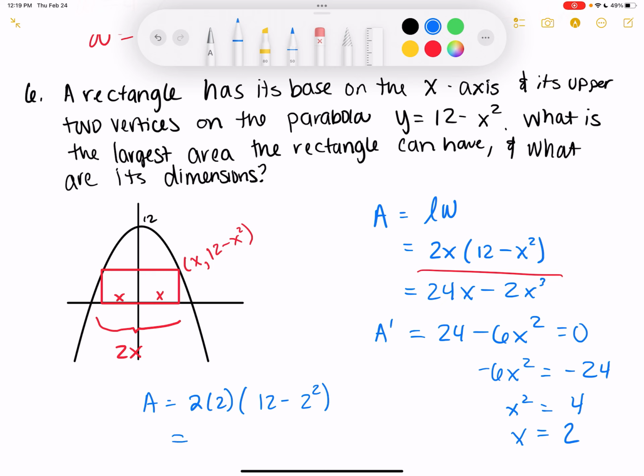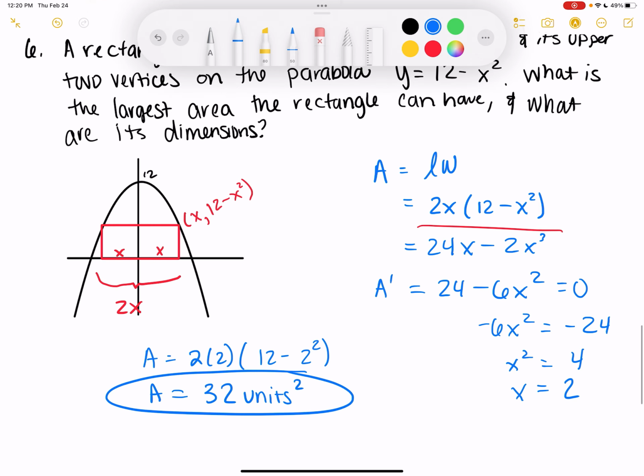So that's going to be 4 times 12 minus 4, which is 8. Where did we get that first? Oh, I see, from the 2x and the 12 minus x squared. Yep. So this is 4 times 8, which is 32 units squared for the area.